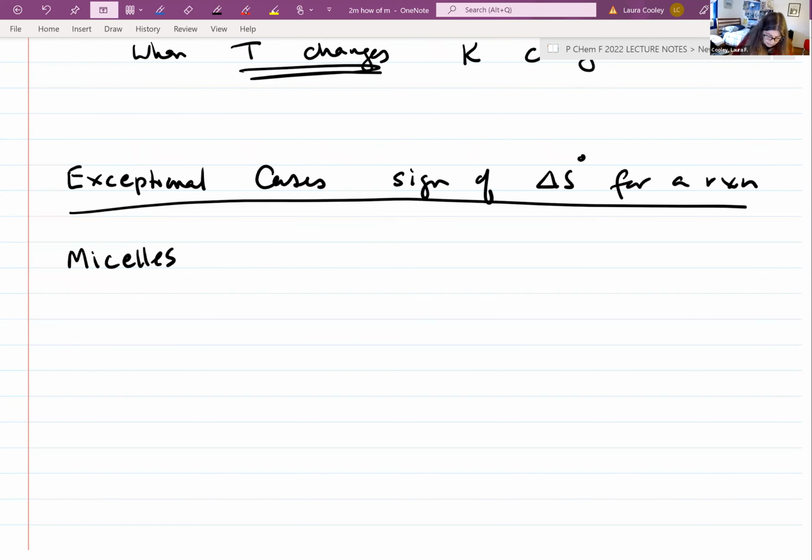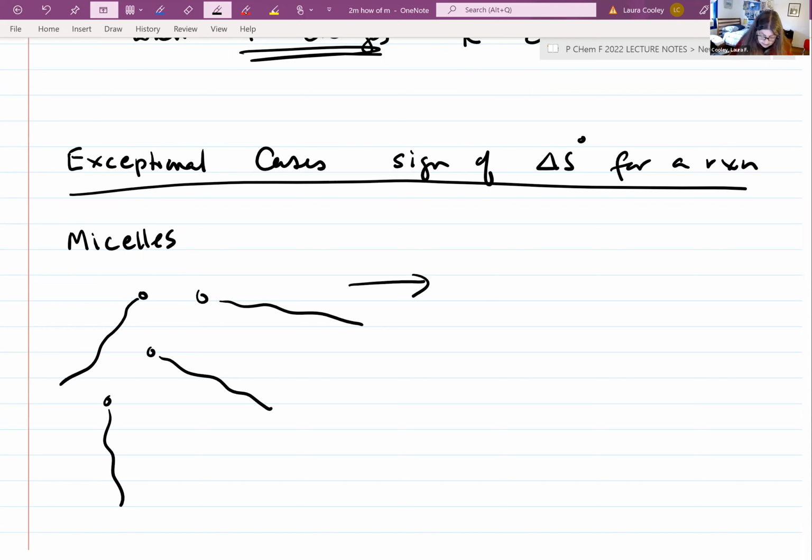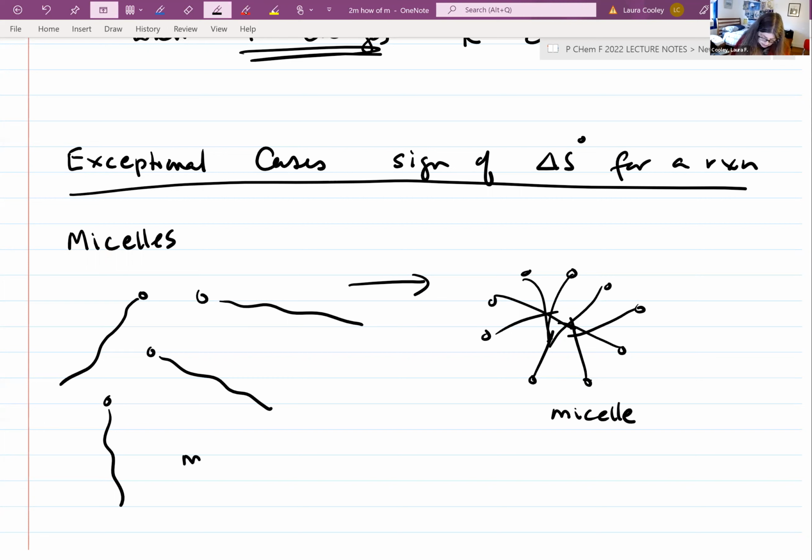So when you form micelles, you have these monomers, and they aggregate and form something. It's a terrible drawing, but here you have a micelle, here you have monomers. And so this is an aggregation.